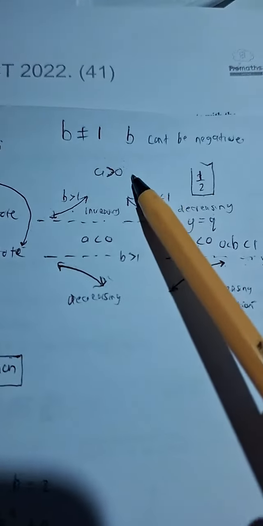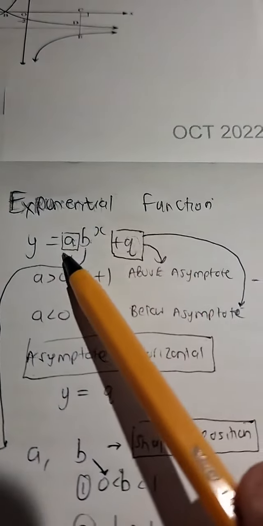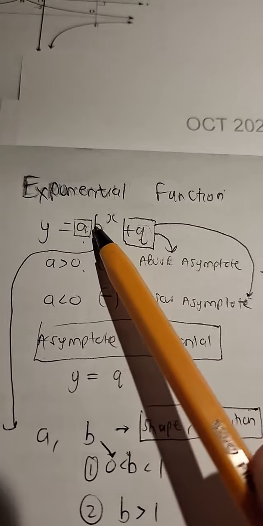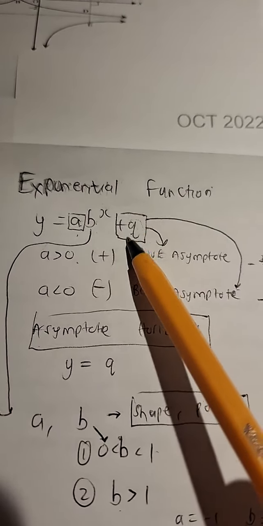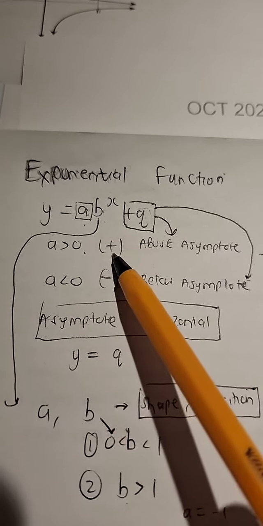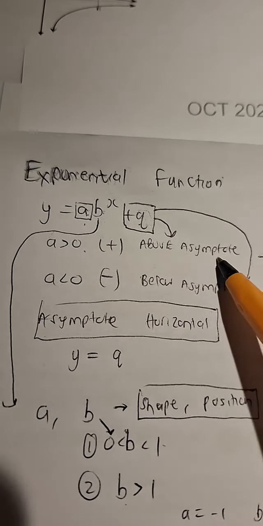Okay, so that's why I'm saying to you guys, please know the form of an exponential function. Understand that it has an a, there's a b to the power x plus q. Understand what a does, that when a is greater than 0, the function should be found above the asymptote.